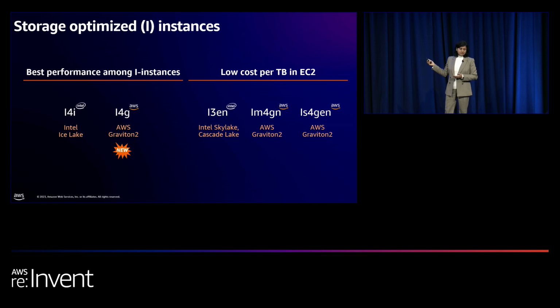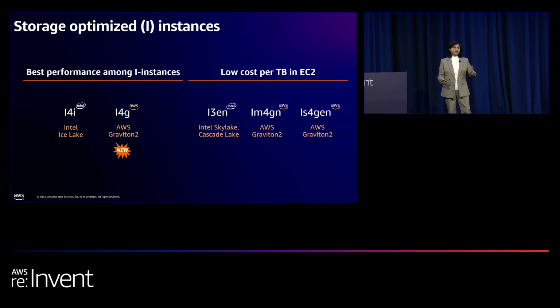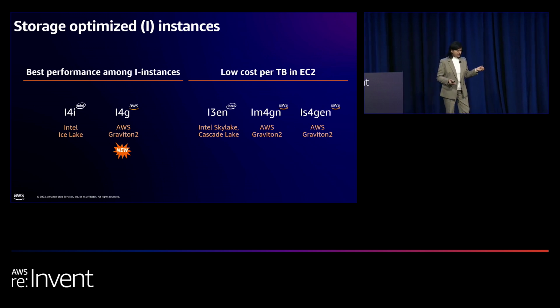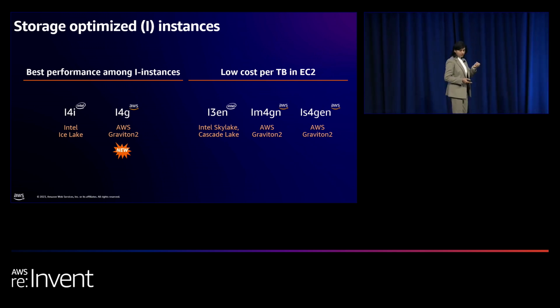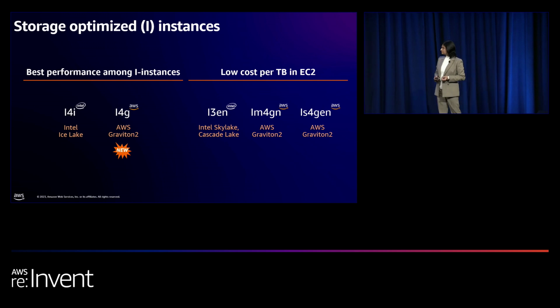These low cost per terabyte instances are much denser. They have more capacity per vCPU compared to the best performance instances. So with the best performance instances, you get more performance per vCPU and per terabyte of storage. That's when they deliver the best compute and the best storage performance for your workloads.